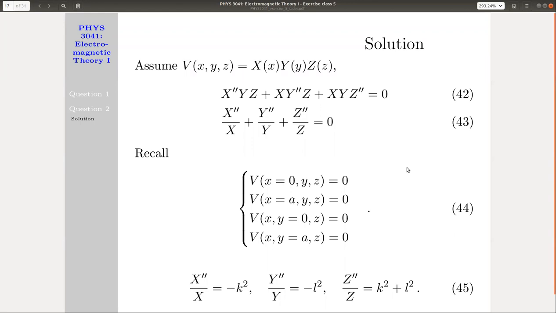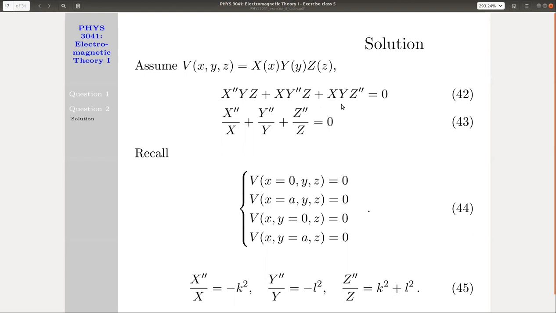Because the system is a tube, it will be most convenient to use Cartesian coordinates. So here we use the method of separation of variables, and we assume the solution takes a very simple form, which is just a product of three functions that only depend on x, y, and z.